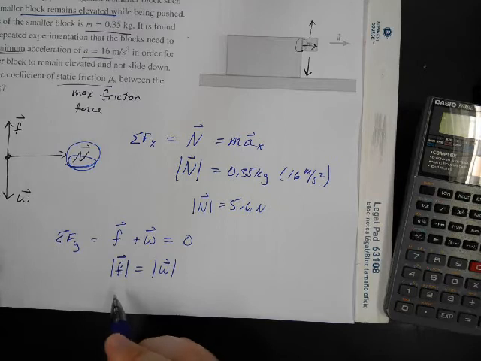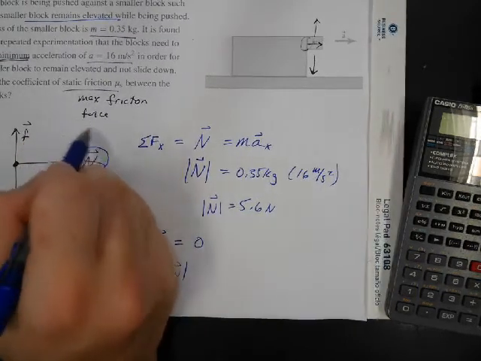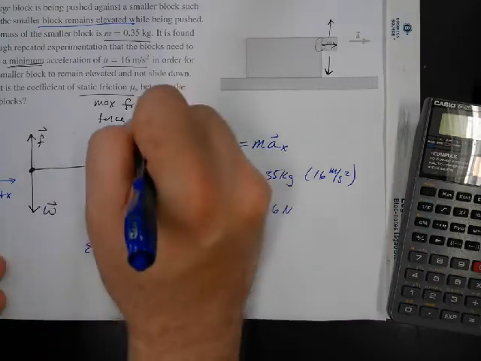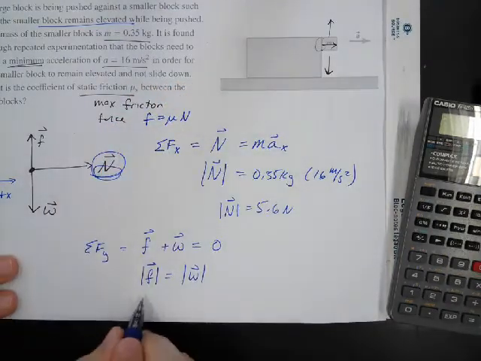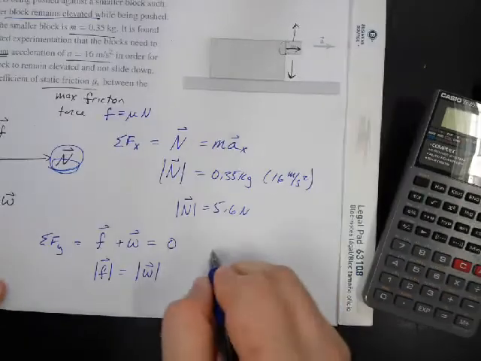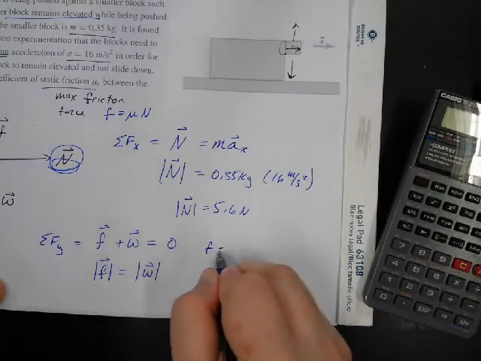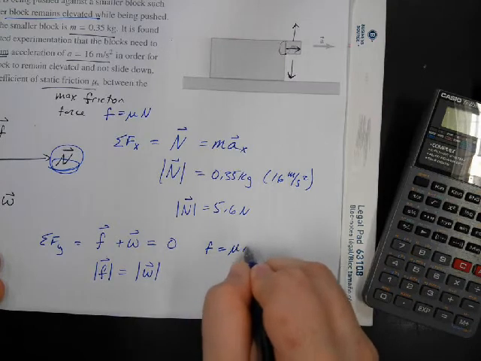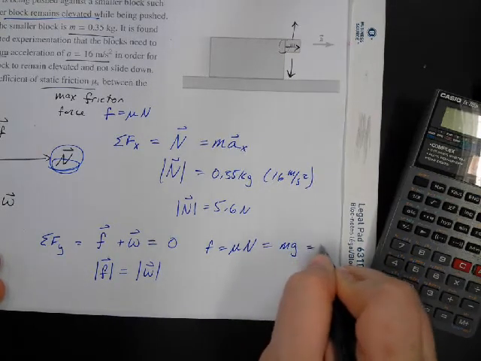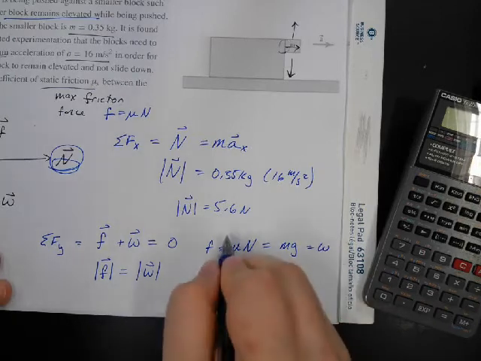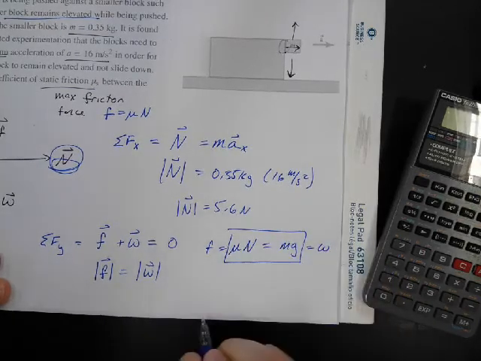Okay. So when we have a problem with a friction force and we can figure out that it's the maximum friction force, the friction looks like mu times the normal force. So we can start plugging in here. We have the friction force is mu times the normal force, but that equals the mass times g, which is the weight. All right. So this is the important bit.